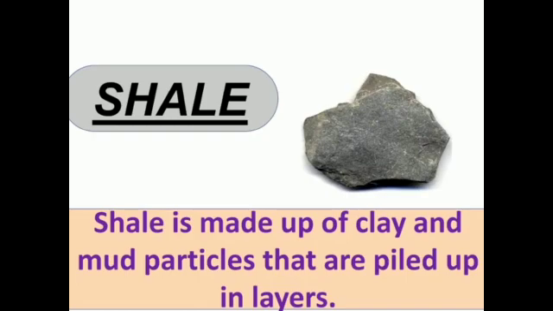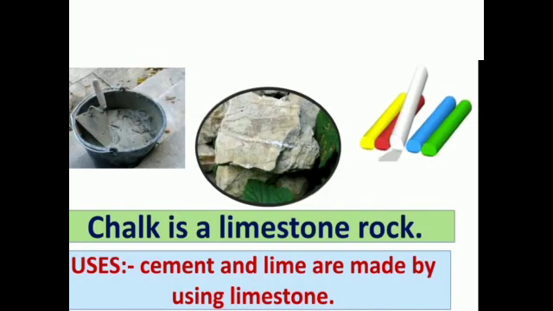Next one is limestone. Limestone is made up of a mineral called calcite, and this mineral comes from shells of sea creatures. When shells and skeletons of millions of tiny sea creatures settle down on the seabed, they form layers and these layers harden to form limestone.